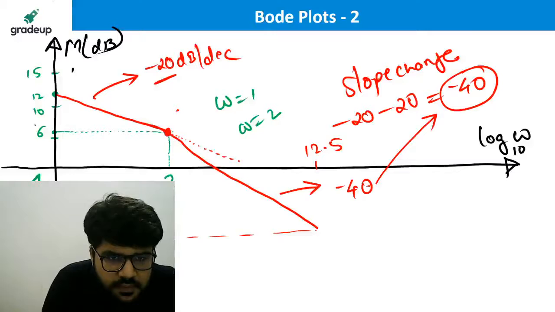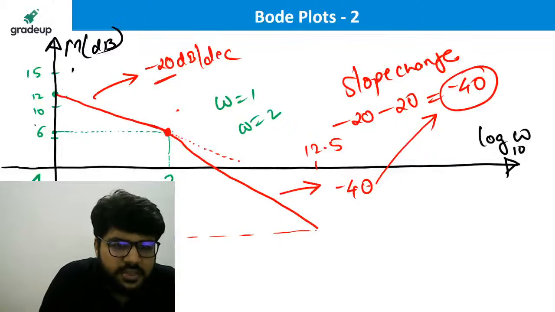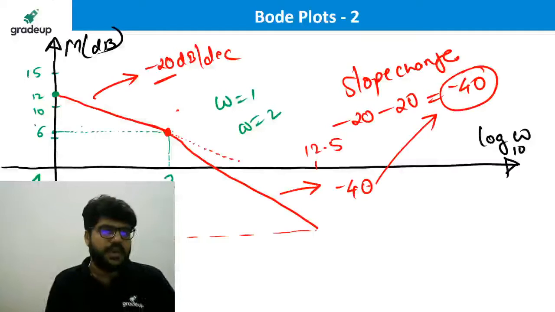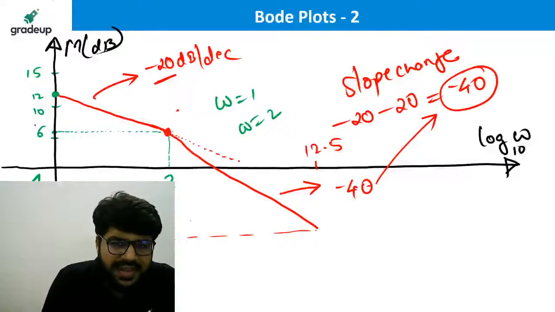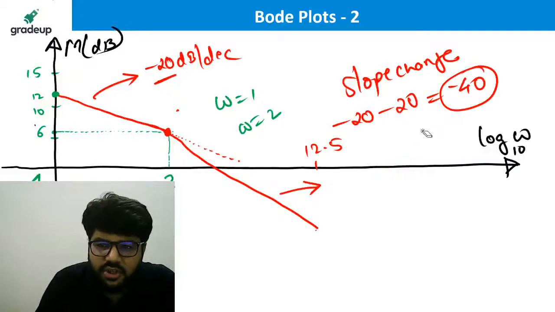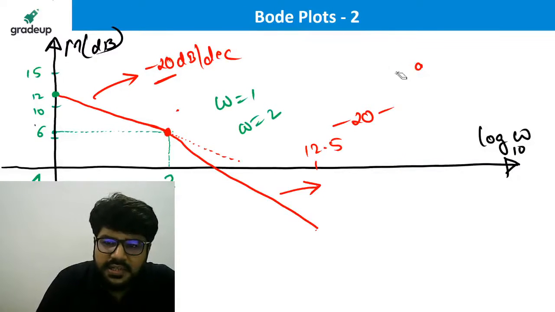Let's take it approximately as minus 25 only. Now I will erase these rough sections. These were all rough things that I was showing you, how the line will start. I'll sketch it now.